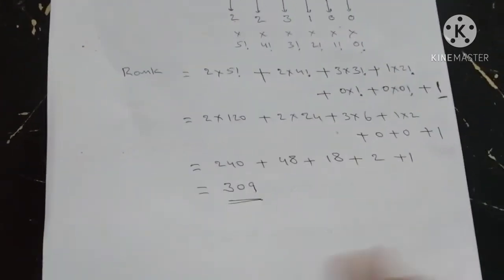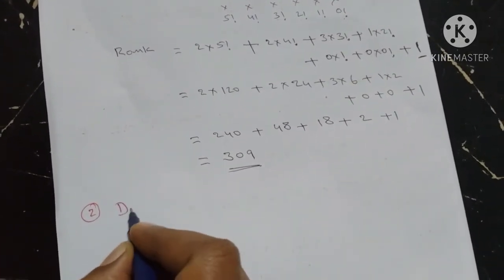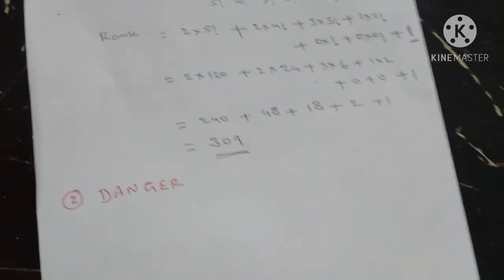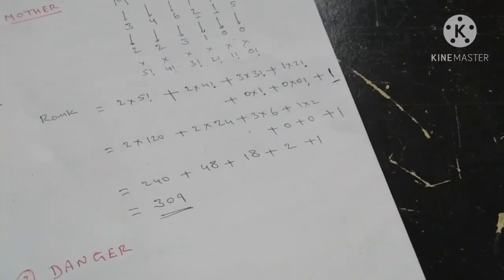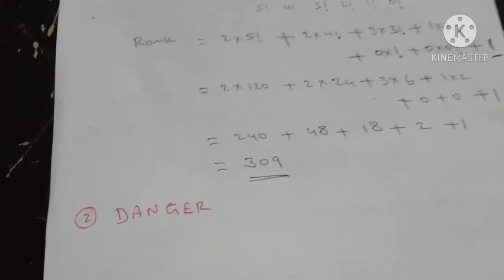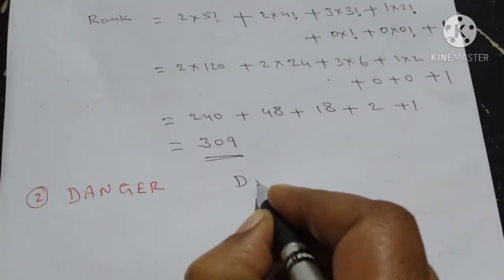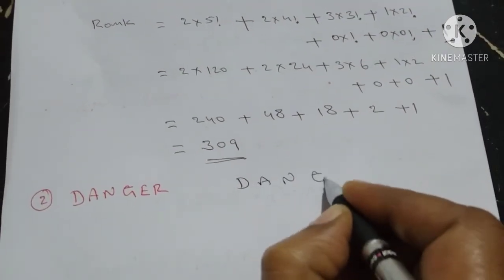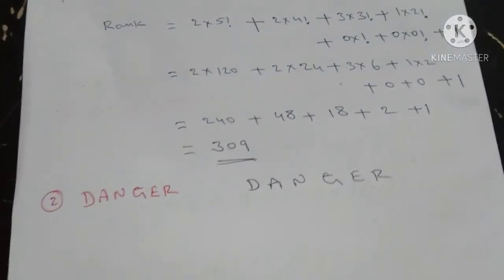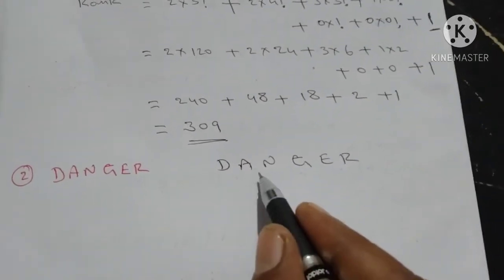The next word, the second one, is danger. Okay? First write the given word. What is the given word? Danger. Now give ranks to all the letters in the given word.